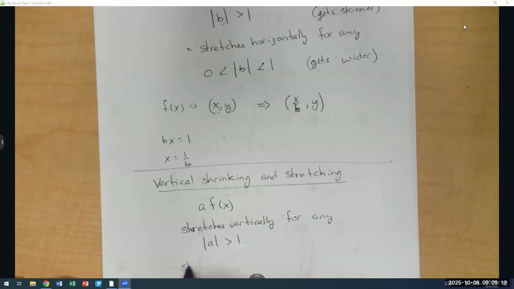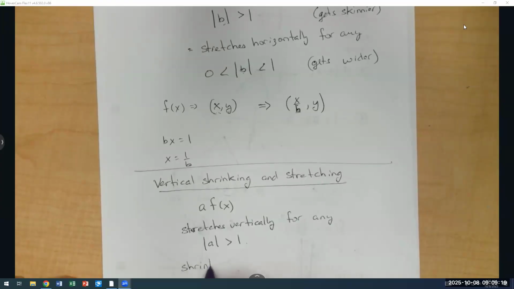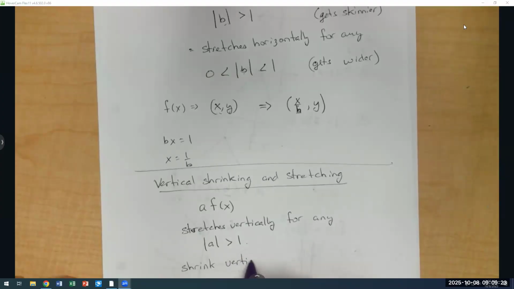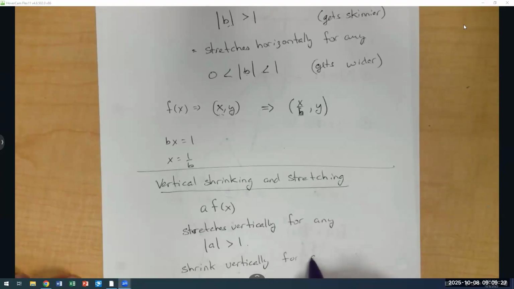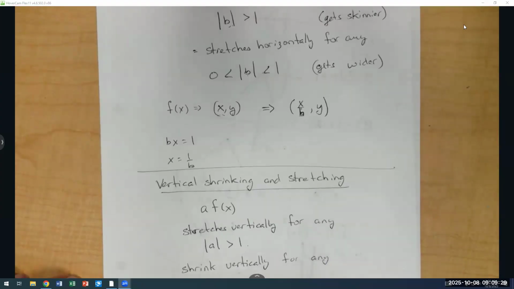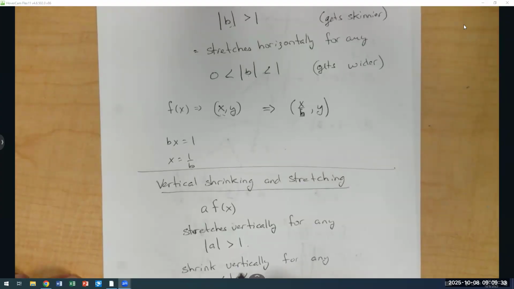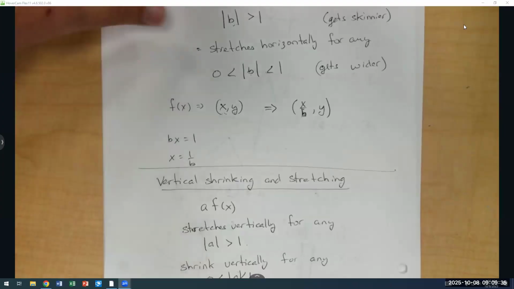It will shrink vertically for any absolute value of a between 0 and 1.